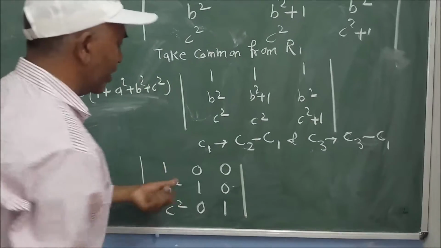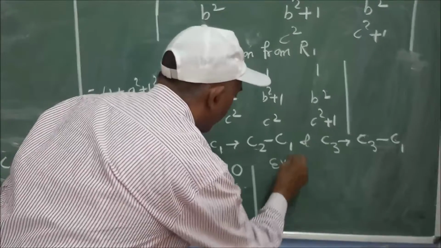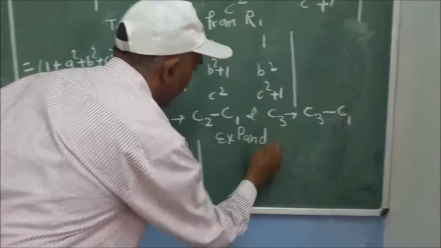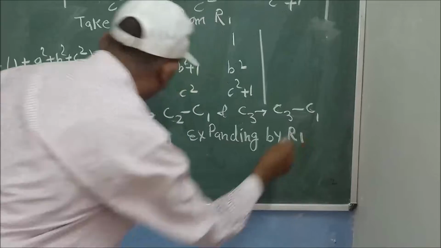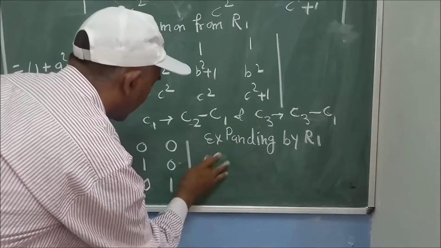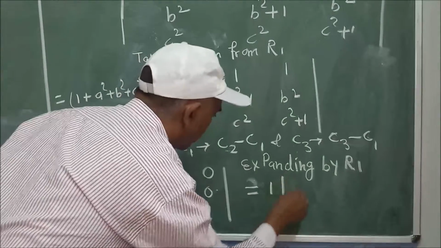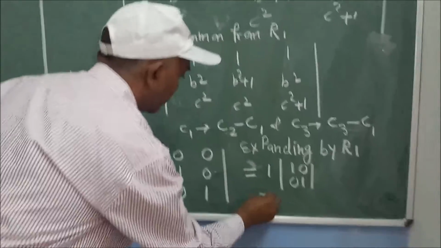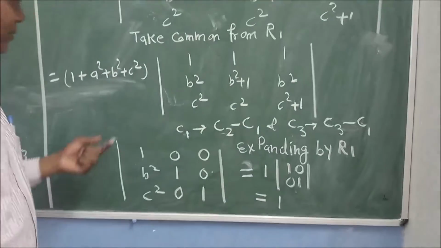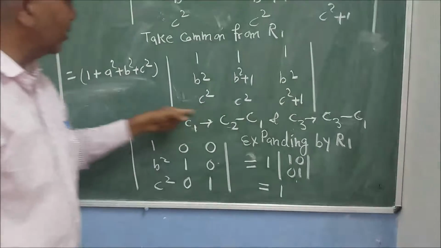So expanding by the first row, by R1, this is equal to 1 into the determinant 1 0 0 1, which equals 1.